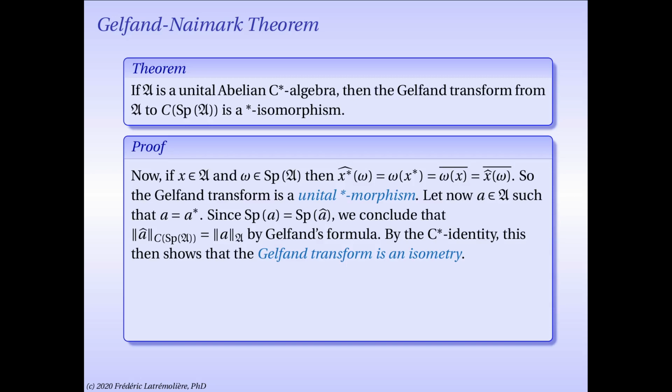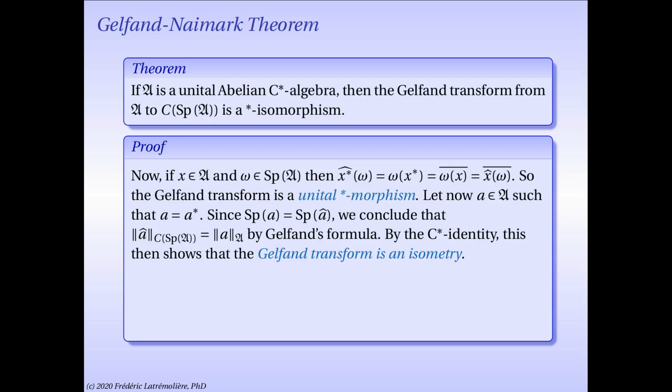I mean, we need both, so that we have a star isomorphism. But it turns out that I'm going to get both in one argument because, well, we have a hint. We learned that star isomorphisms of unital C-star algebras are always isometries. So it stands to reason that maybe I should just try to prove that my Gelfand transform is an isometry, because it's going to be one at the end if I'm right.